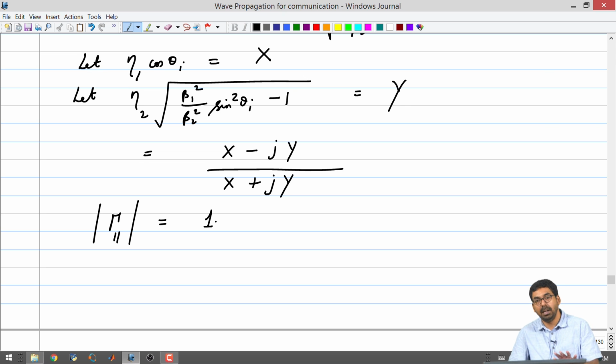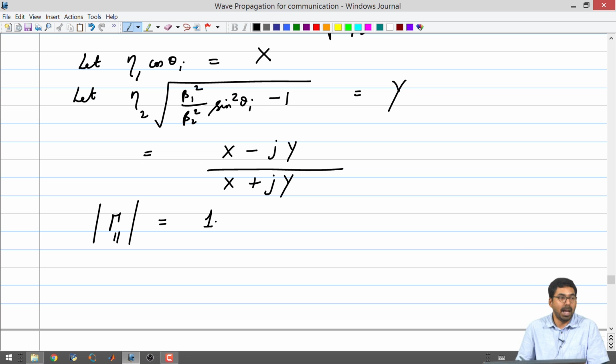Notice that I have written clearly magnitude of gamma parallel is equal to 1, I am not saying anything about its phase, yeah. But all I know is whatever I am sending in is going to be reflected from the interface, right. So, this is true for all angles where cos theta t is imaginary, which means that all angles where theta i is greater than theta c, your magnitude of your reflection coefficient is going to remain 1.